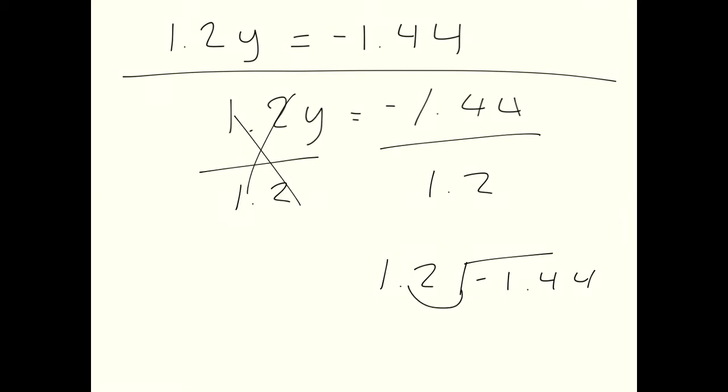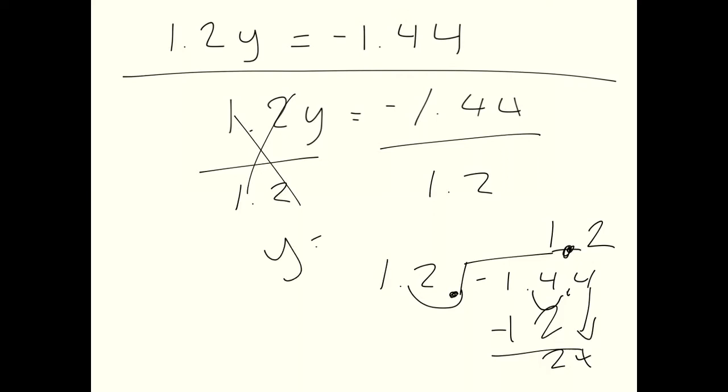You're going to have to move the decimal once, and remember to bring the decimal up. 12 times 1 is 12, and 4 minus 2 is 2. Bring down the 4, and so 12 times 2 is 24. Your answer will be y equals 1.2.